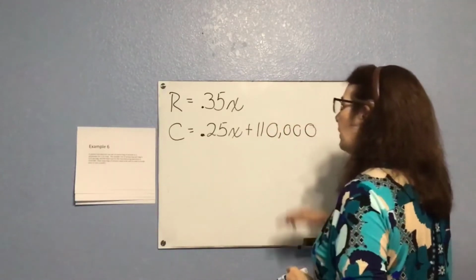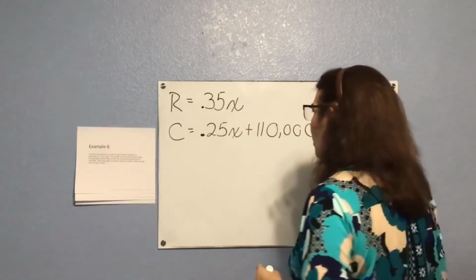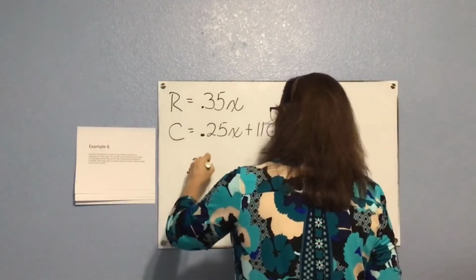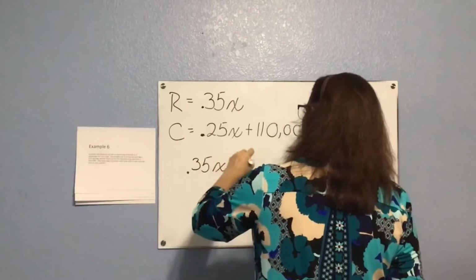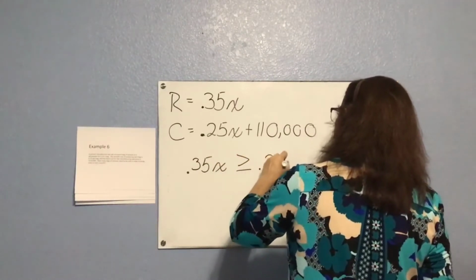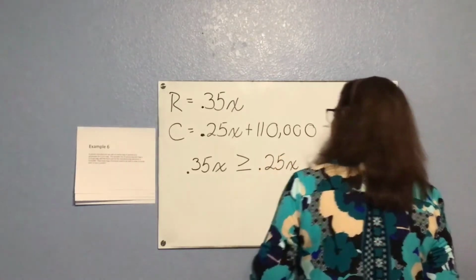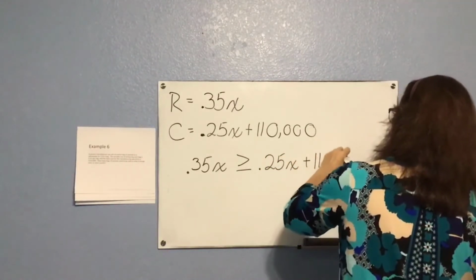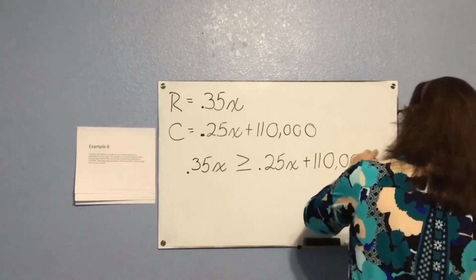And again, I want the revenue to be greater than the cost. So I'm going to say 0.35x has to be greater than or equal to 0.25x plus 110,000.